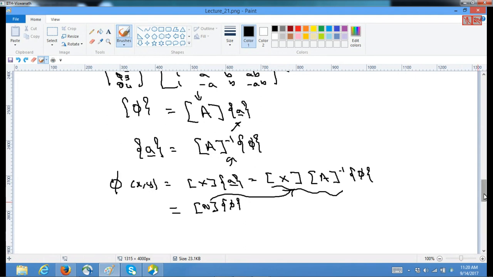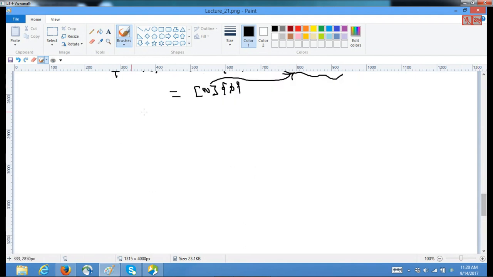I have repeated this just for the benefit of the students. So the shape function N is in general obtained as the basis vector times A inverse. Since we have already developed this, I'm just giving it for your reference.